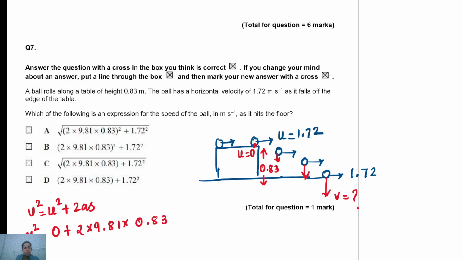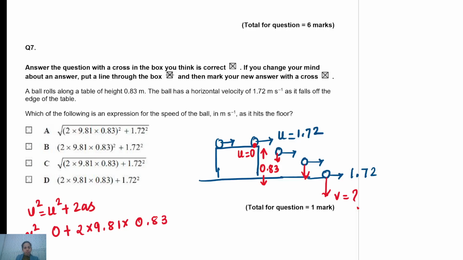The minute the ball hits the floor, it has two speeds, 1.72 and v. Now it has become a vector equation, so it's a resultant velocity. The resultant velocity will be the square root of v squared plus 1.72 squared. Pythagoras, they are at 90 degrees, so the resultant will be this.